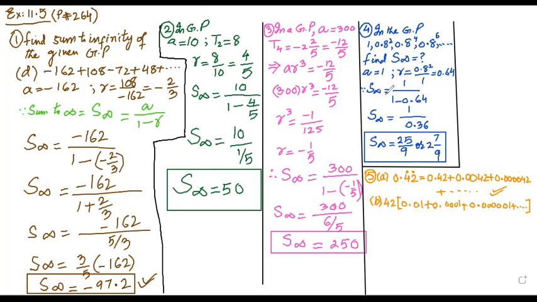The first term of this GP is A equal to 0.01, and in the same way R will be equal to, if we divide the second term by the first term, 0.01. Now we have to find the sum to infinity of the series inside the bracket.